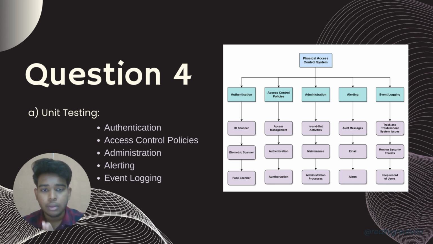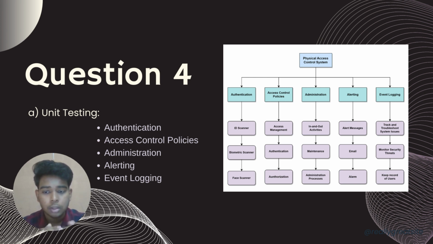For authentication, we created test cases to verify the functionality of different authentication methods, such as the ID scanner, biometric scanner, and face scanner, as we can see in the FDD diagram. We tested each method with valid and invalid inputs to ensure accurate verification of authorized individuals. We also included scenarios like successful authentication, failure with incorrect credentials, and handling of exceptional cases.